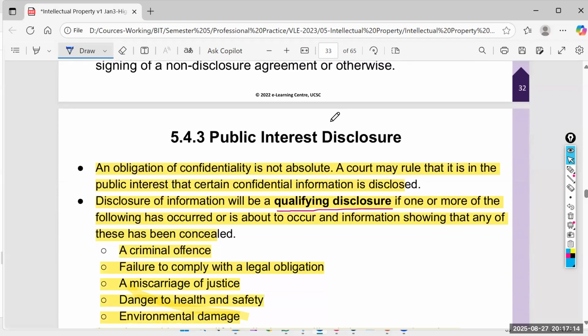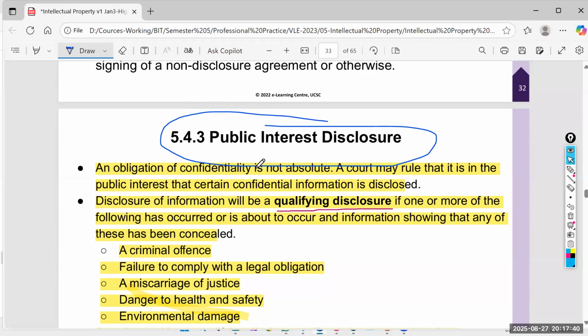So now we look at a very special case: public interest disclosure. So remember, you are not supposed to expose internal things to the outside, especially trade secrets. But there are situations where you need to talk about internal things in public or to relevant law enforcement authorities.